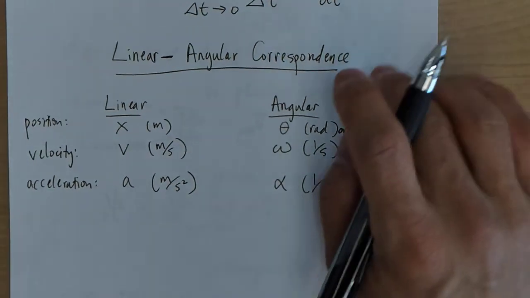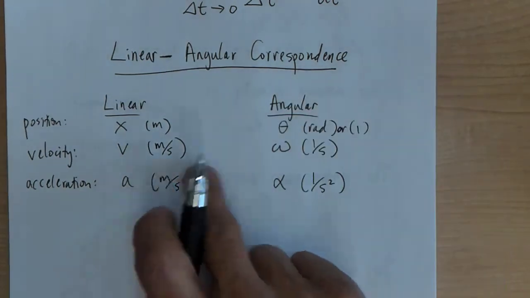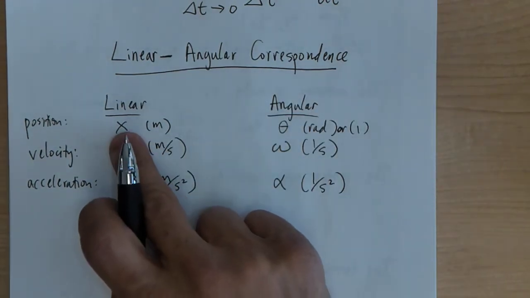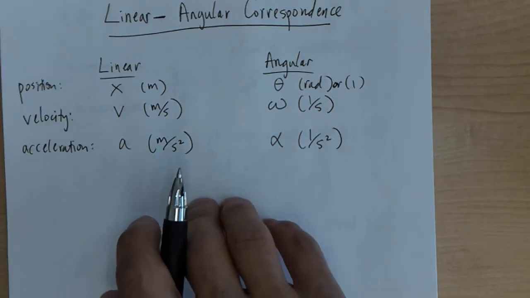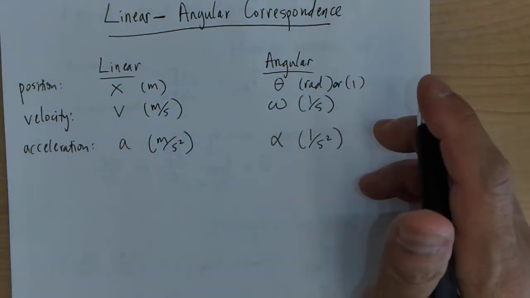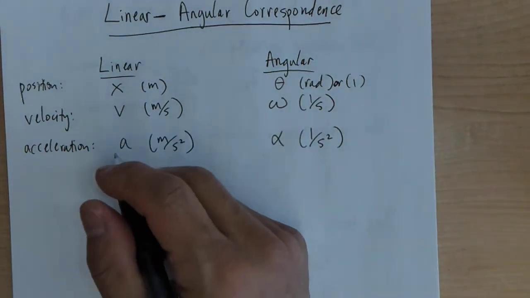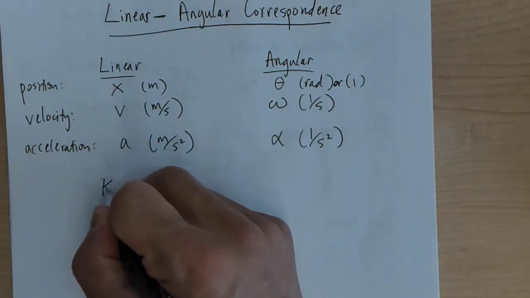The reason I'm doing this linear to angular correspondence is that now we can just replace all the x's by thetas, v's by omegas, a's by alphas, and we have the kinematic equations for constant angular acceleration.